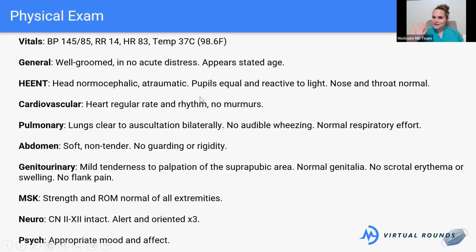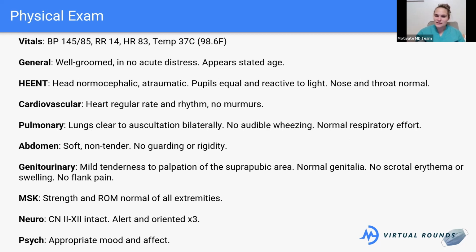We'll look at the physical exam first, because that's something everybody always asks for when I say, what more do you want to know? So you did a physical exam, and you can see here that vitals look pretty stable overall, generally normal. His abdomen is soft and non-tender without guarding or rigidity.